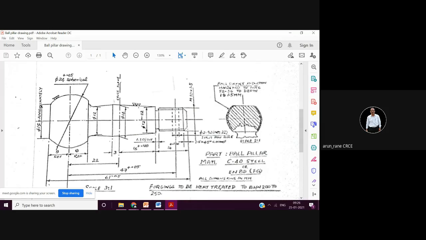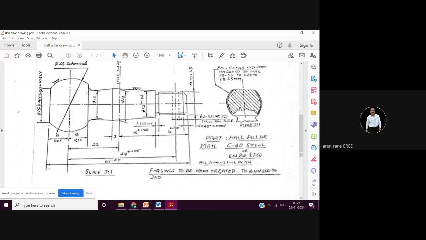Then ball surface induction hardened to HRC 50 to 56 to a depth of 1 to 1.5 millimeter. So all these things, then forging to be heat treated to BHN 200 to 250. So what is this BHN? Then C40 steel or EN8D. FCQ, what do you mean by FCQ? So all these you have to understand. I'll show one more drawing.